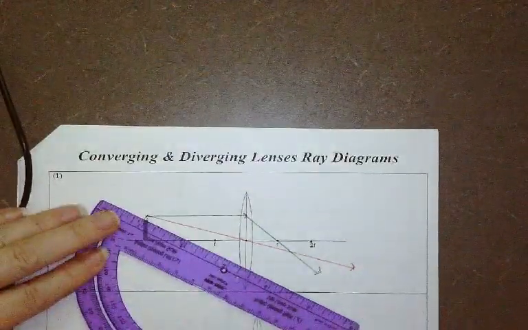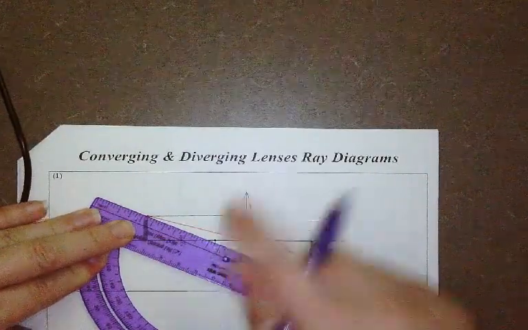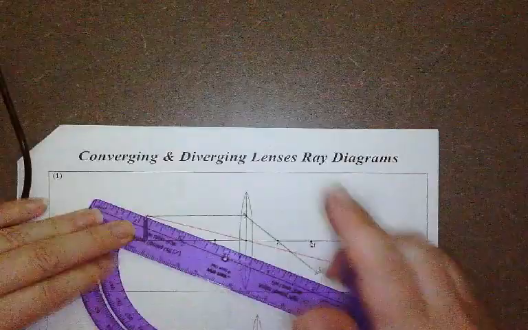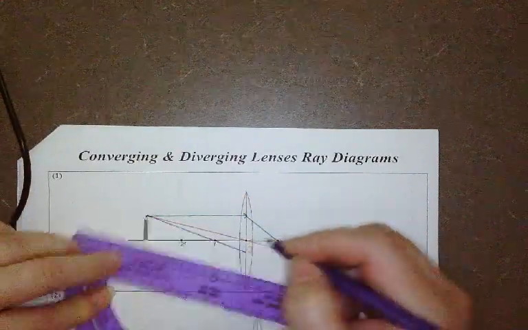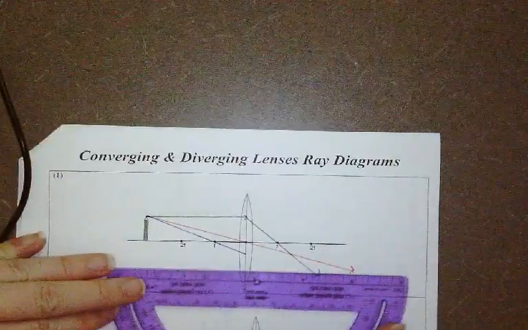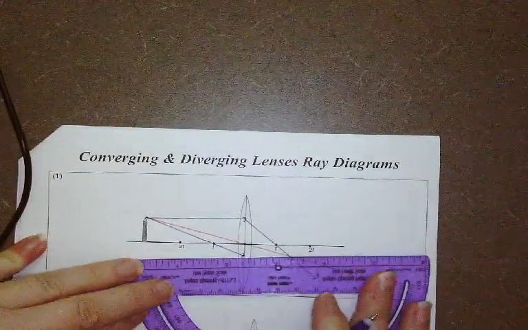The third one's going to go from the top of the object through the focal point on this side, till it hits the lens. And then once it hits the lens, it's going to refract or bend.